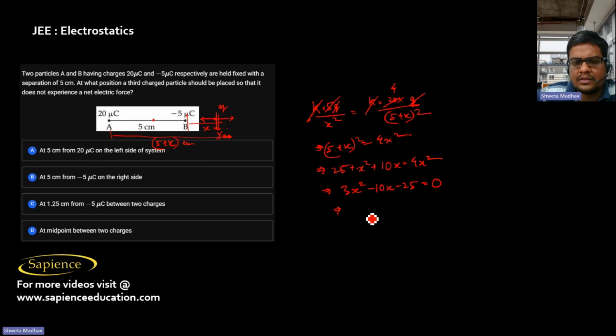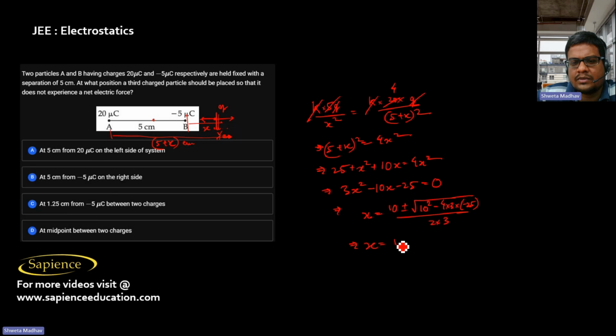So therefore x will be equal to minus b plus or minus square root of b square minus 4ac by 2a.